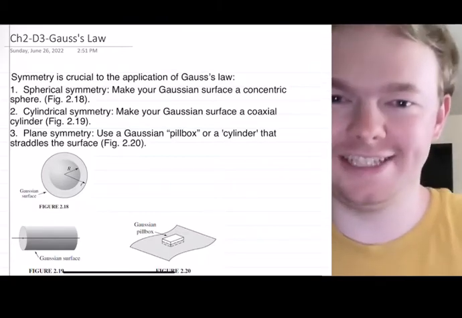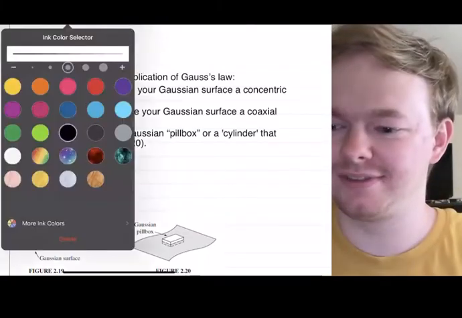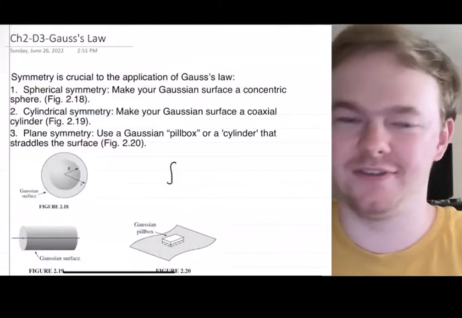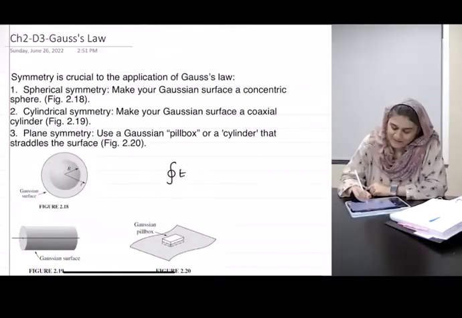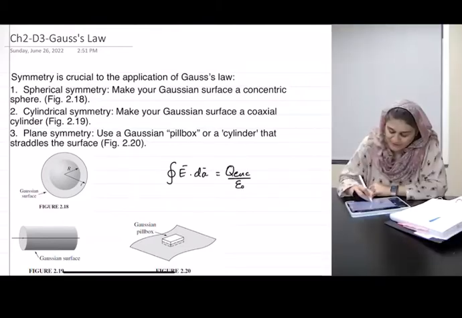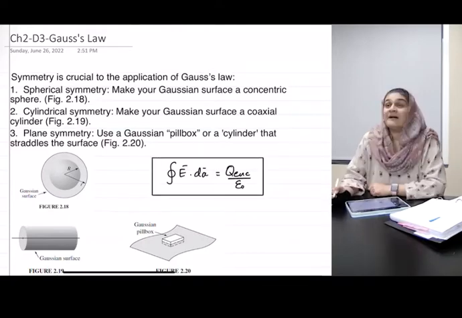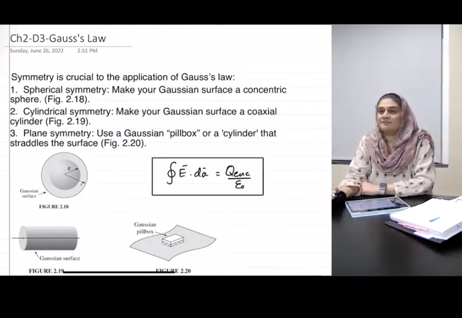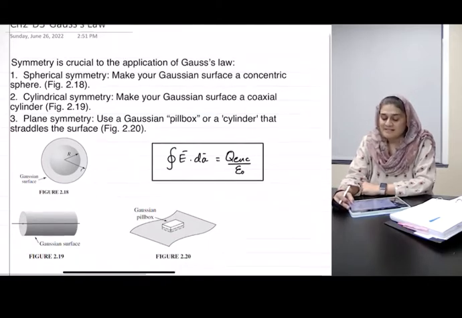The integral of E dA equals the charge enclosed over epsilon naught. Excellent. This is Gauss's law. Now, what is this dA?